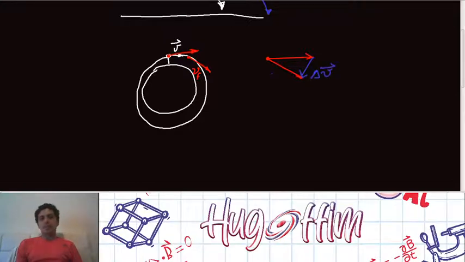Okay? So what we found here is that the object is changing its velocity, maybe not in magnitude, but in direction.